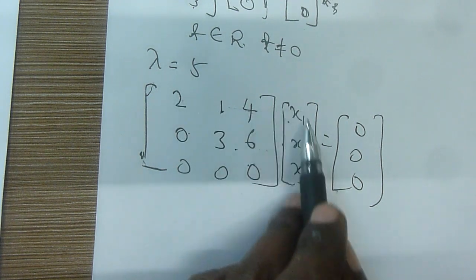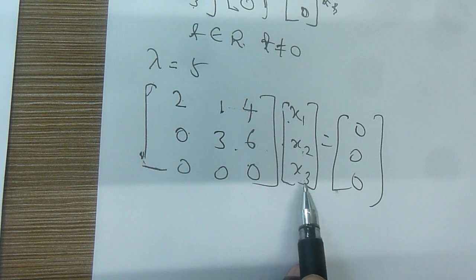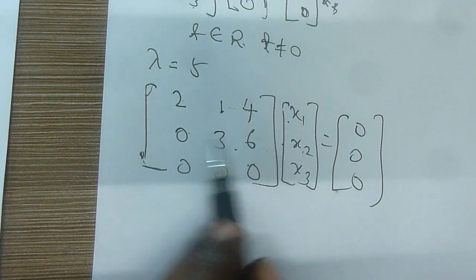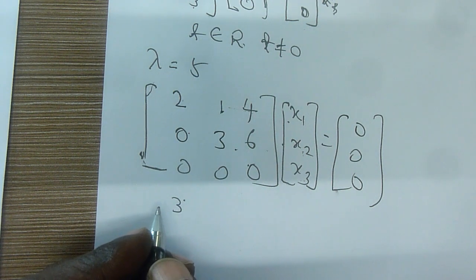Can I use this one to predict this? No point, because it's 0. It can represent any value, so you cannot claim anything here. But most important is the relationship between these two.